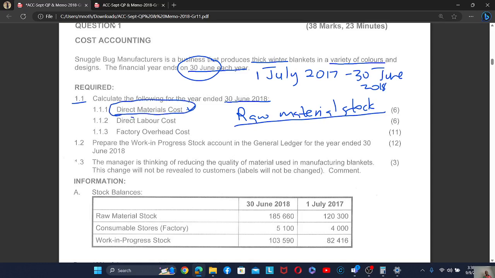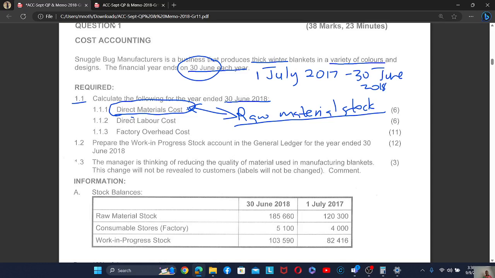These two are not the same thing. The raw material stock is raw material that is in a storeroom. It is not used, it is just there in a storeroom waiting to be used.